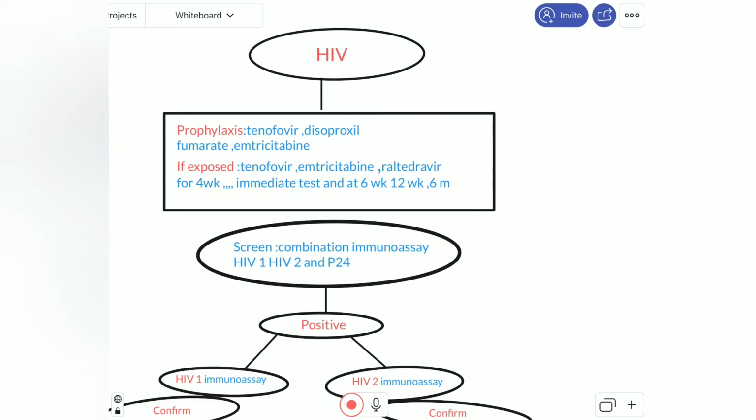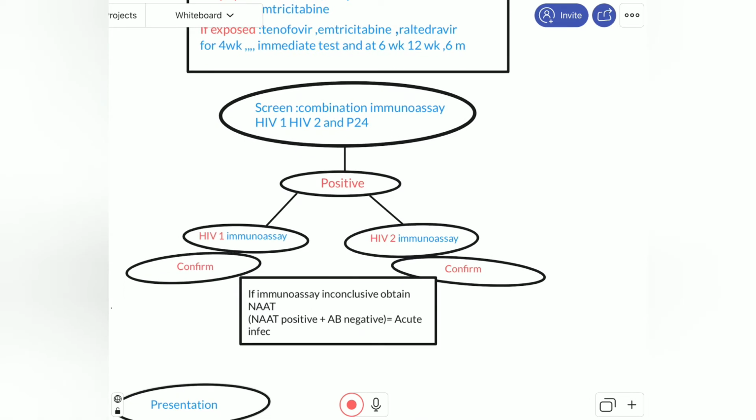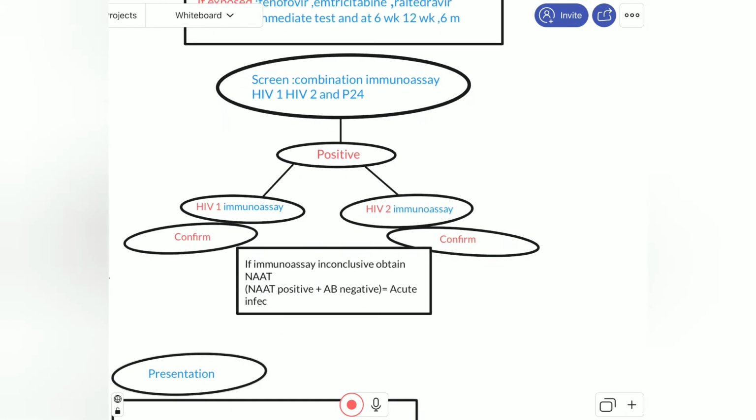What about the screen? Screen by combination immunoassay for HIV 1, 2, and P24. If positive for the combination immunoassay, do an immunoassay for HIV 1 and 2 to know the type.